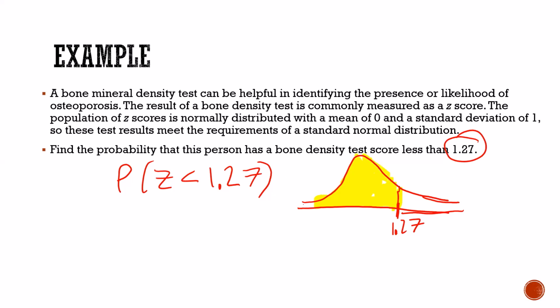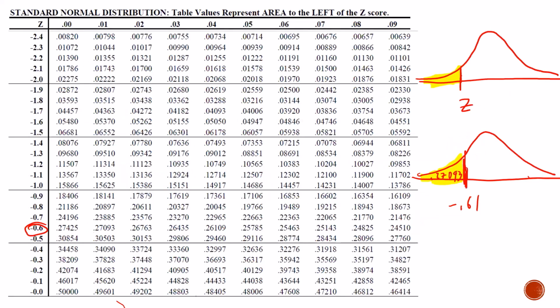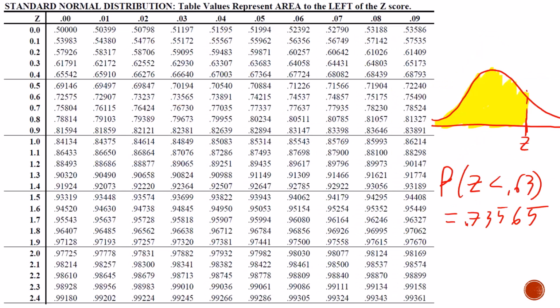So we go to our table. We look for what it was. I think it was 1.27. Wrong side of the table. So 1.2, this is 0.7. So that's the number that I am going to use.